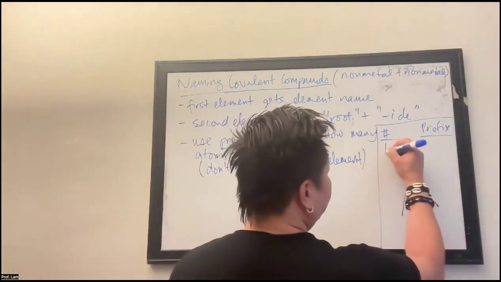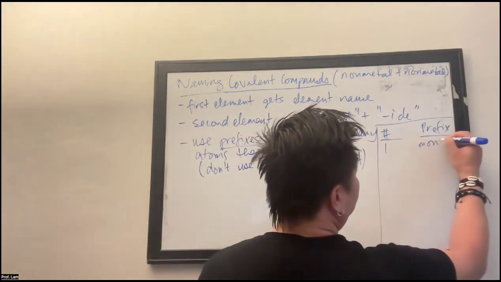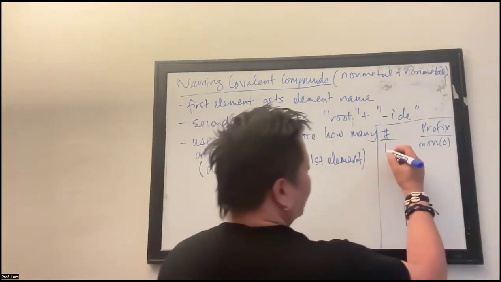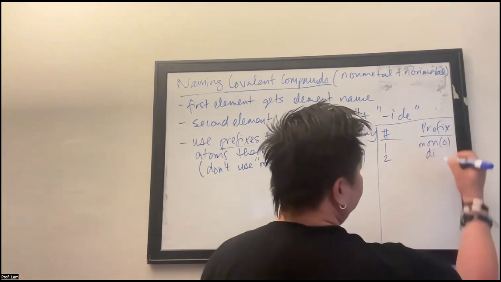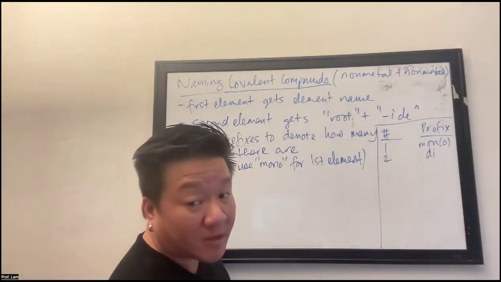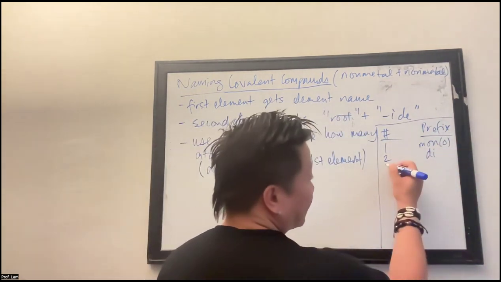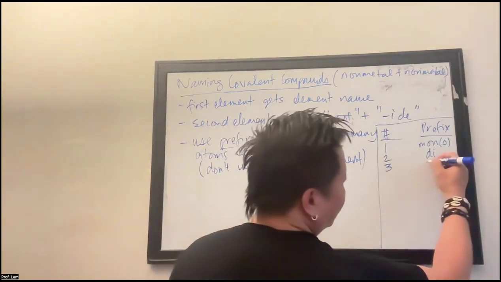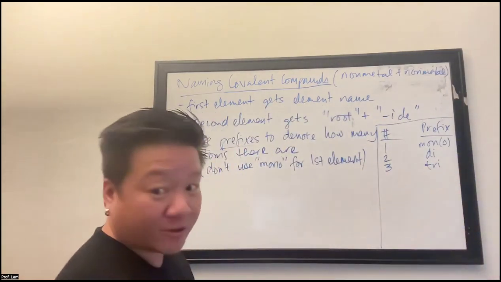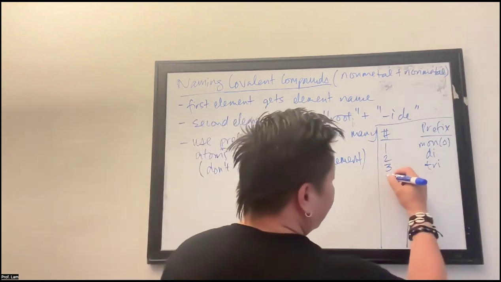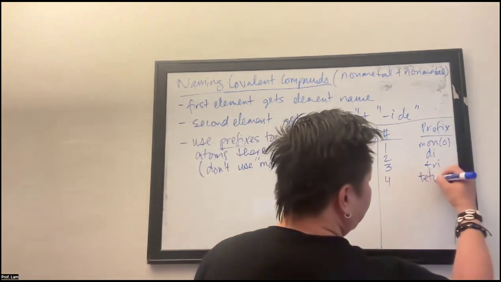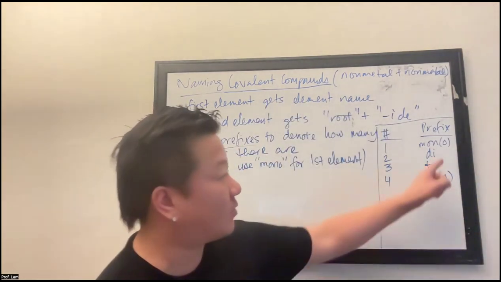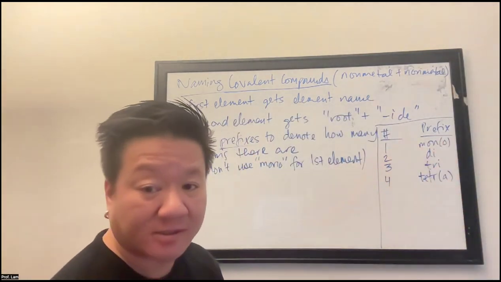If you just have one, that's mono. Two is di. You guys probably know some of these already, which makes the learning easier. Three is tri. Four, guess what? Tetra. And I'll explain in a second why I put these vowels in parentheses.